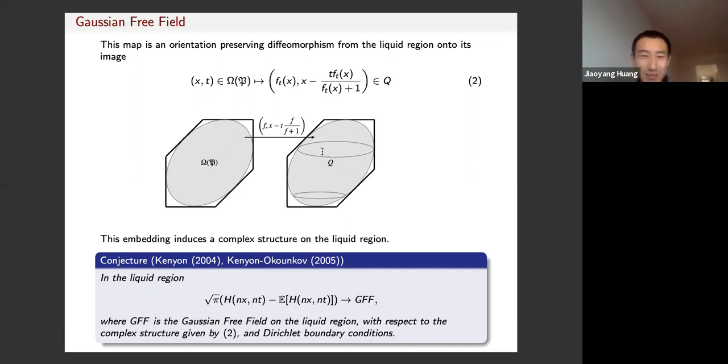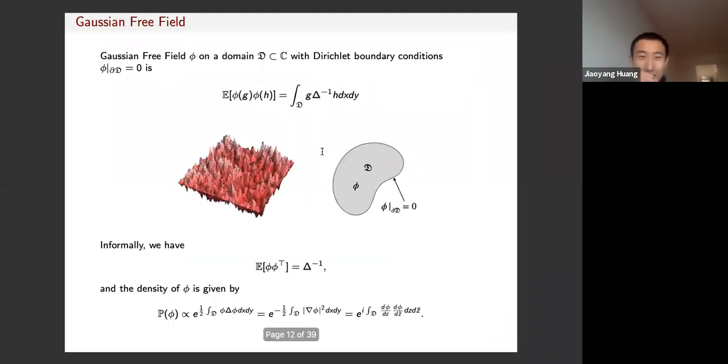So let me just explain this a little bit more. Usually when we consider the Gaussian free field phi on some complex domain D with a zero boundary condition, it's a random distribution. We can pair it with only two functions on the domain D, G and H. Then phi(G) and phi(H) are Gaussian random variables with the covariance given by the integral over the domain D of G times the inverse Laplacian of H, dx dy.